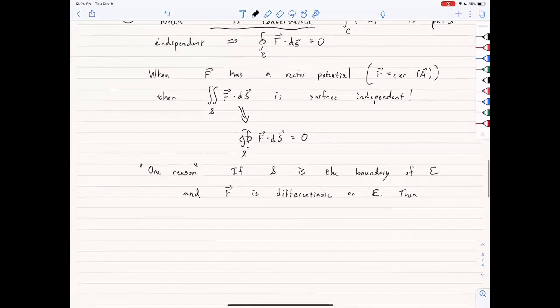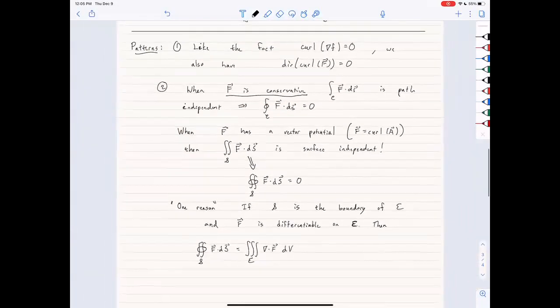Well, we can now use the divergence theorem. Namely, this surface integral over S is equal to the triple integral of the divergence of F dV.